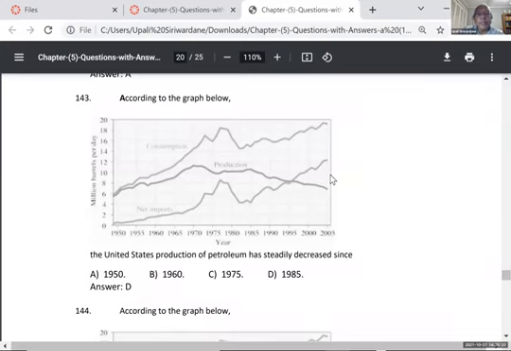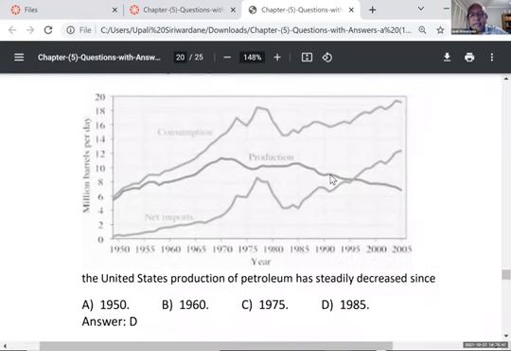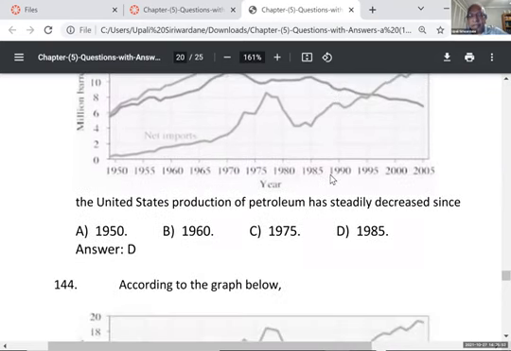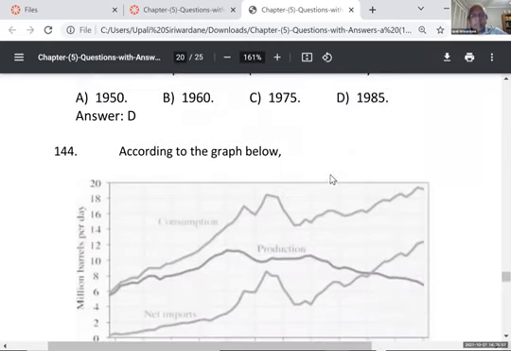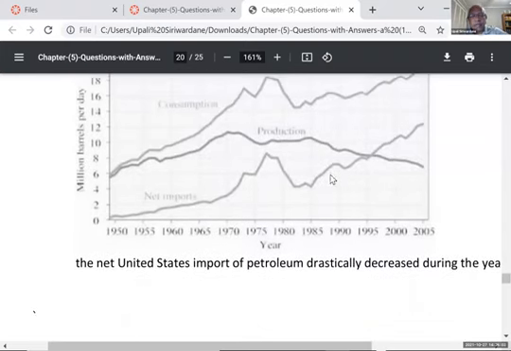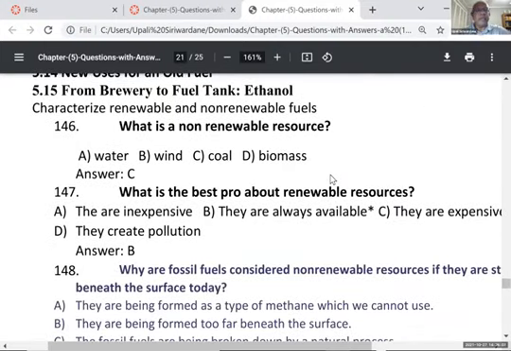Production has decreased steadily after 85. That is correct, D. In the second graph you can see it's 85. These are just looking at the graph and completing the question.